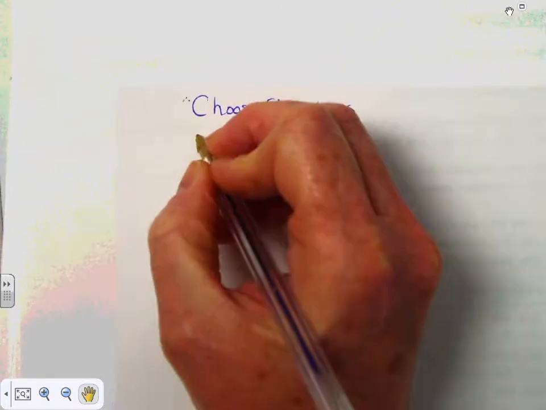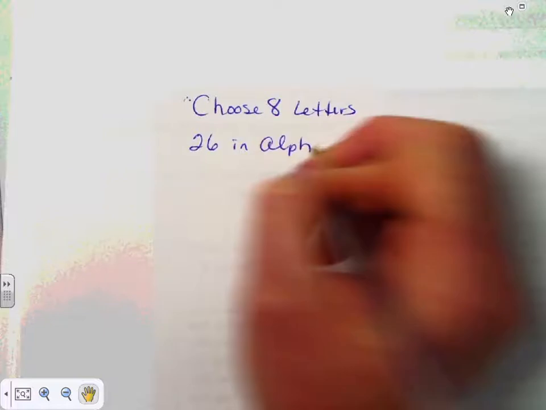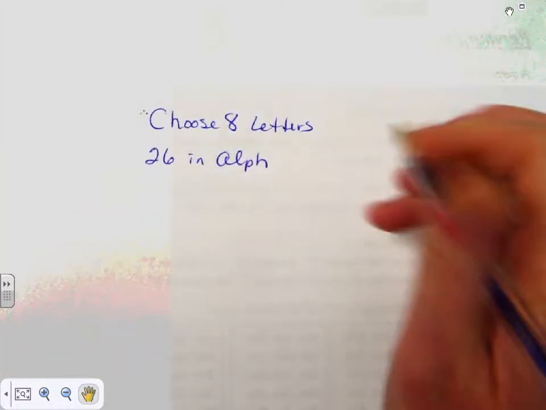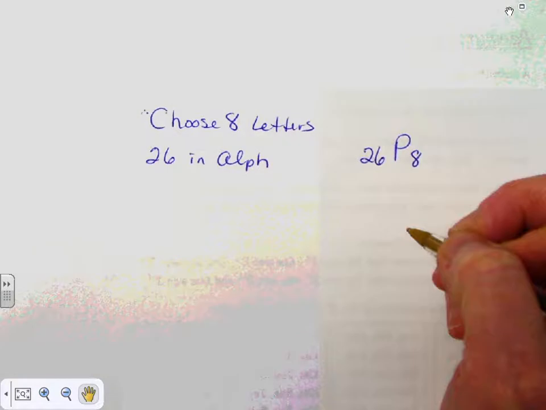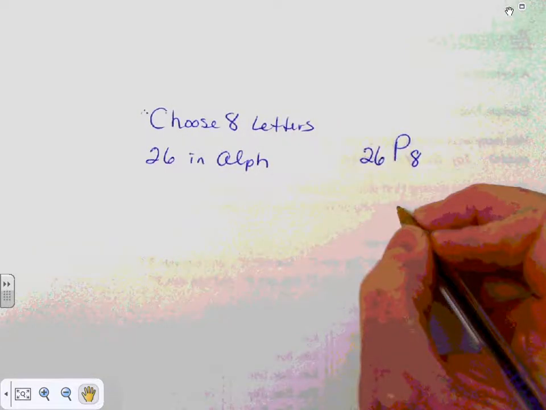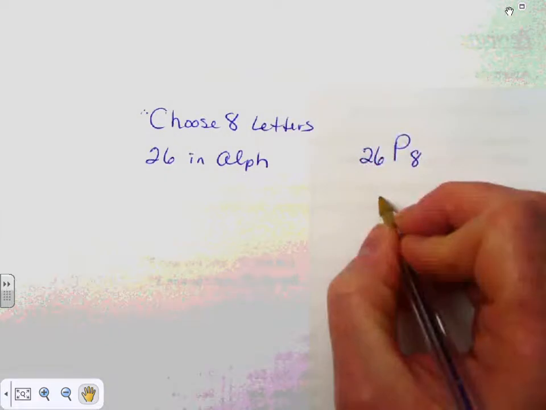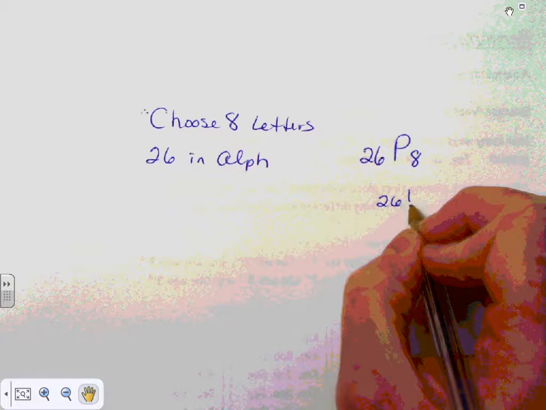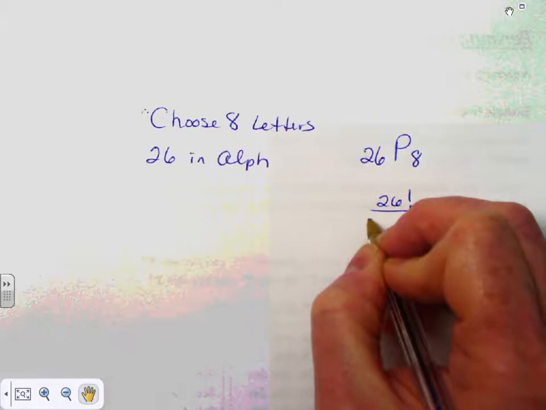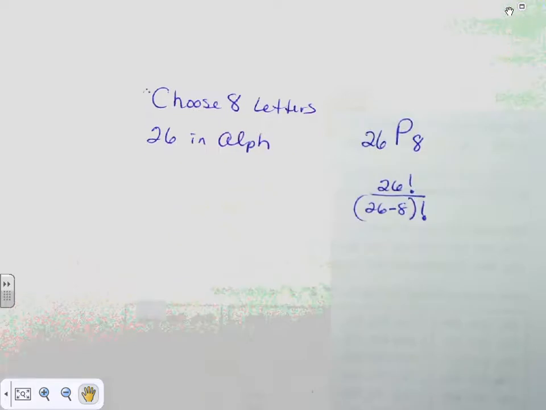There's 26 letters in the alphabet. So how would I write this one? 26 P8. Okay? So 26 is what I'm going to have on the top, and then 26 minus 8 factorial is what would be on the bottom.